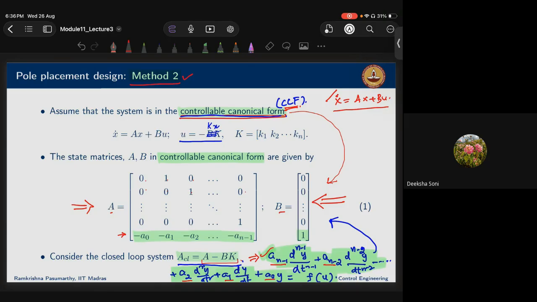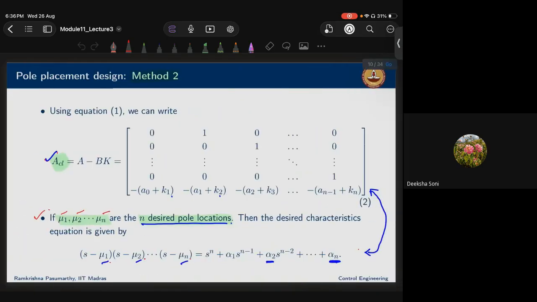If that is the case, how do we find the gain k with the same expression, same controller? That is this method 2. Here, this is our closed loop A minus bk. Substitute everything, A, B and k. So the last row will be modified in this way if you write it.